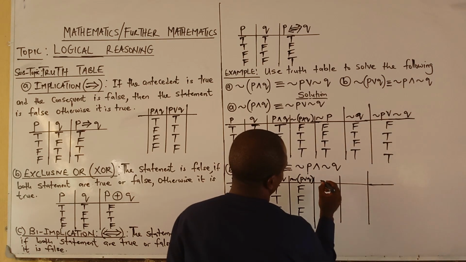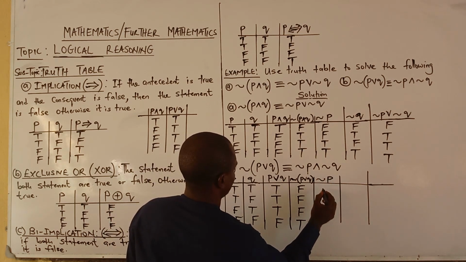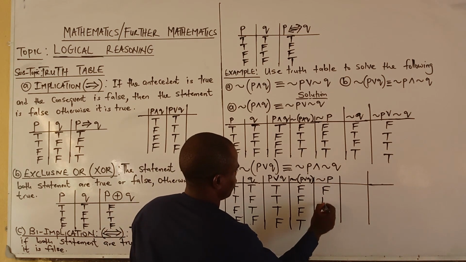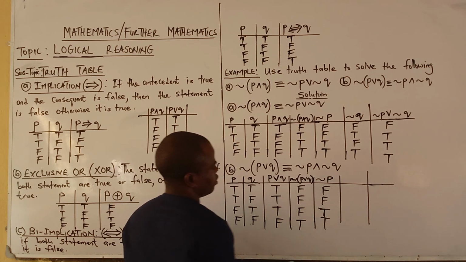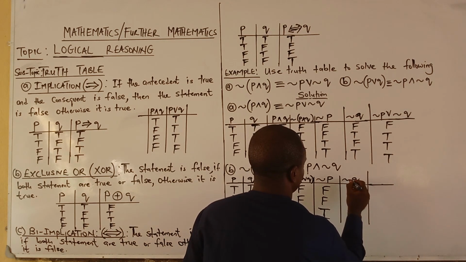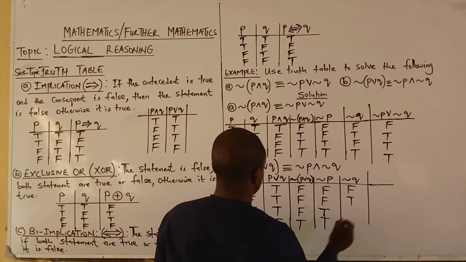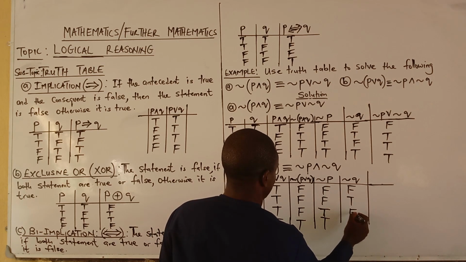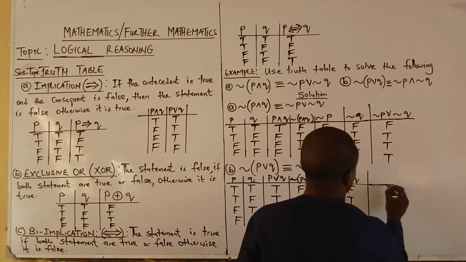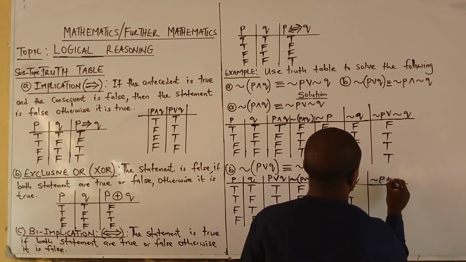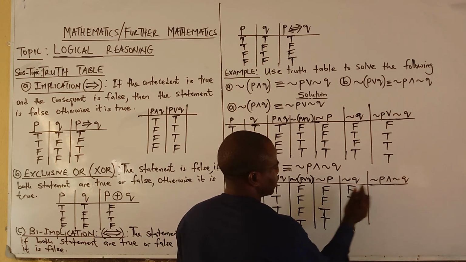Let's go to the right hand side. Let's do negation of P. What's negation of P? That's F F T T. Let's do negation of Q. Negation of Q, F T F T. Okay, negation of P conjunction negation of Q. Now they are together, and this is AND.